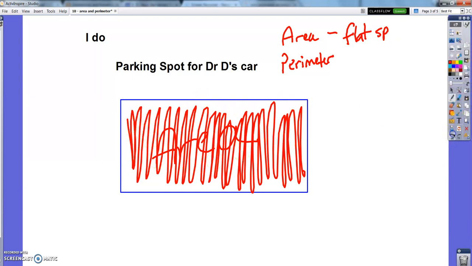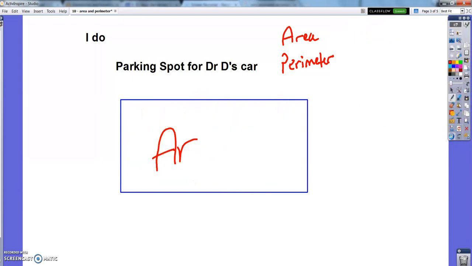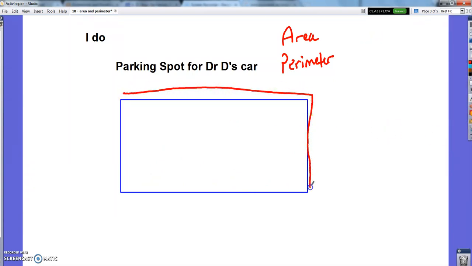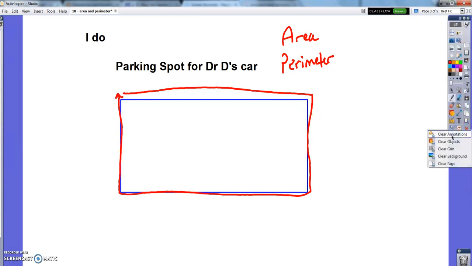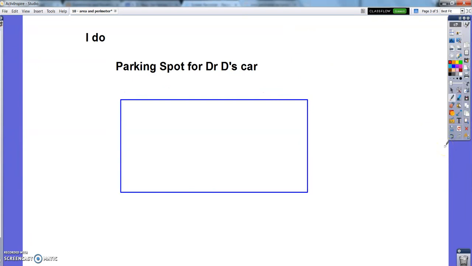And the perimeter is the distance around the figure. So like this, how far it is to go around it. And so when we look at those two things, my car, I'm going to estimate here, is probably about 5 feet this way, if this is the front of my car, from one wheel to the other.